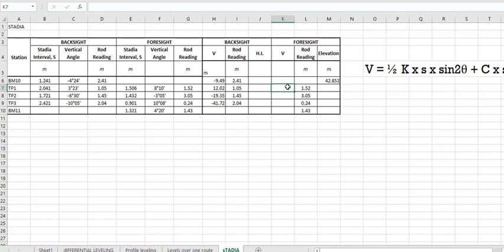I made an error, it is 21.23. Okay, for TP2, the V is negative 7.68. TP3 is 15.59. And BM11 is 9.95.